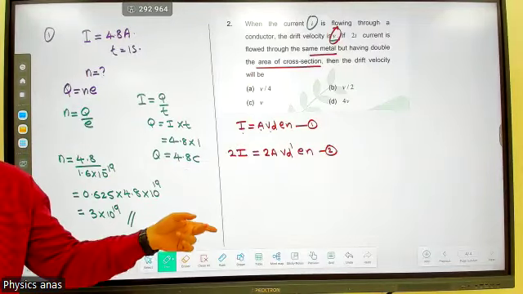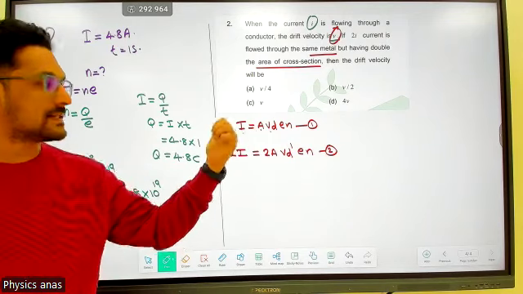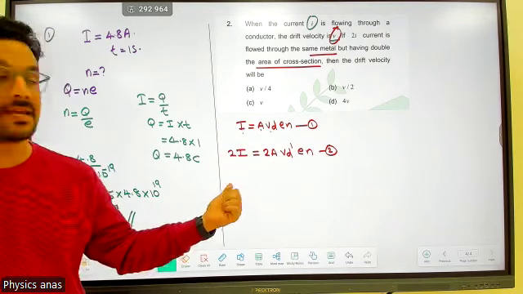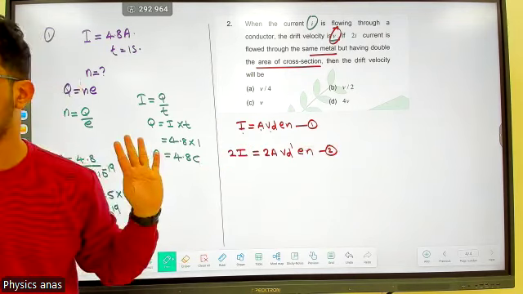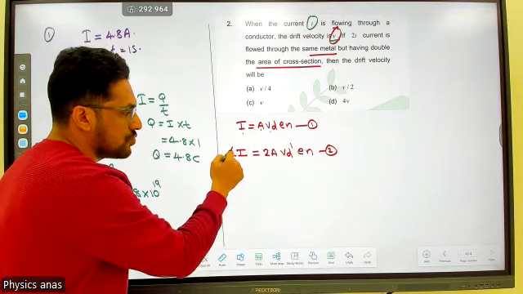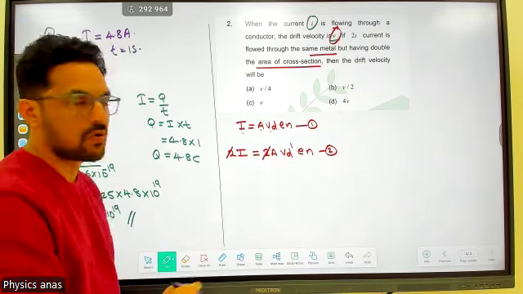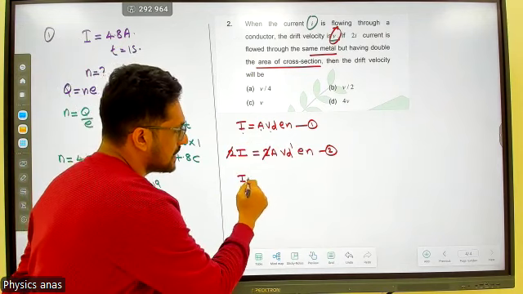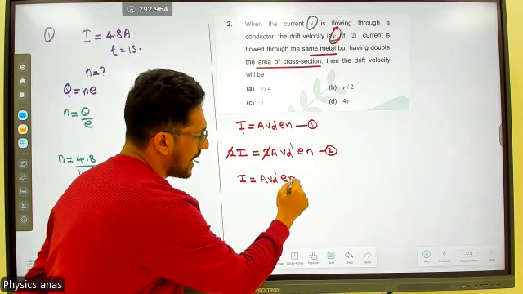Did you understand the second equation? First one is just I is equal to A v_d e n. We know that. Second equation is I is equal to 2A times v_d dash e n. Clear? Now what happens in this equation? The 2 and the 2 will be gone. So what is that? I is equal to A v_d dash e n.